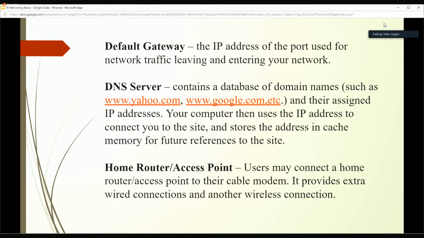If it's obviously not a local network, then it's going to send that packet to the default gateway.